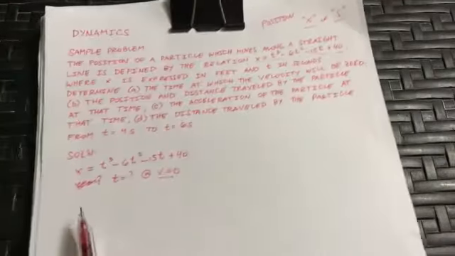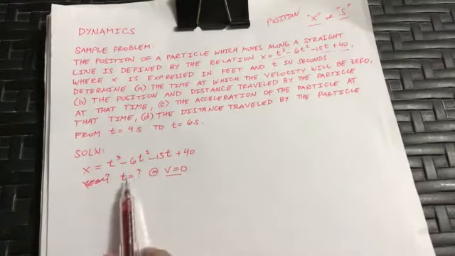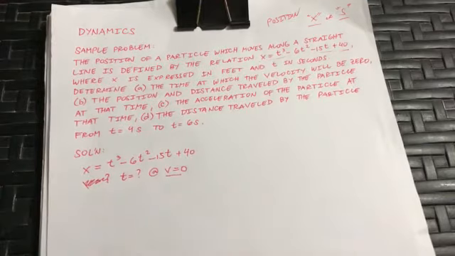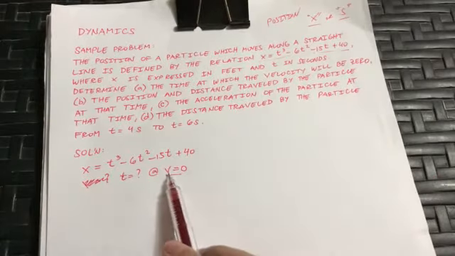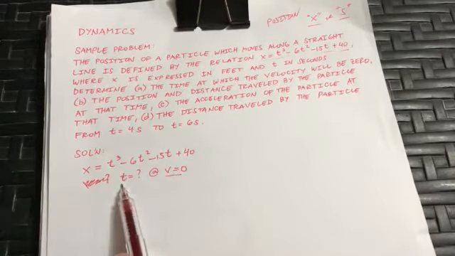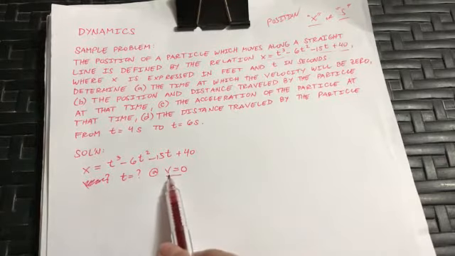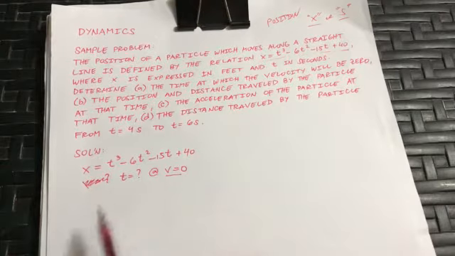So going back to our solution, we have the equation. We need to solve for t when the velocity is 0. So what we need is an equation that has v and t. Because if we have an equation that has v, we can change the v into 0, and if it has t, then it will give us the value for t.